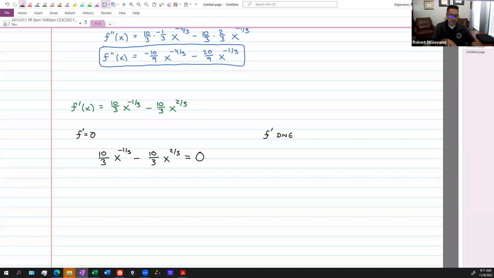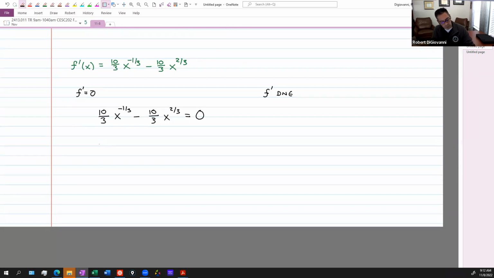So I'm going to follow through a couple of algebra moves first. I'm going to take this first one and rewrite it as 10 over 3x to the 1/3, then minus 10 x to the 2/3 over 3 equals 0.